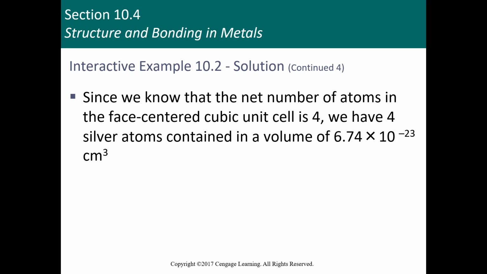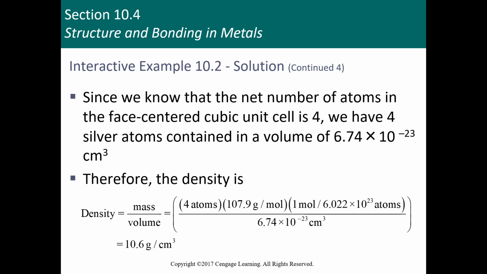We just did that a few slides ago. Therefore, the density is going to be, well, you take your number of atoms times the molecular weight. Then we multiply that by the number of atoms in a mole, which is right there. That's Avogadro's number. And so you then divide it by our volume, and that gives us our density.